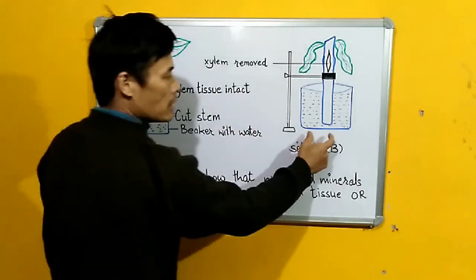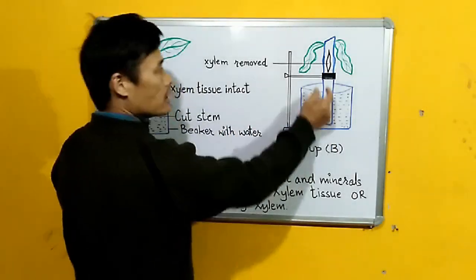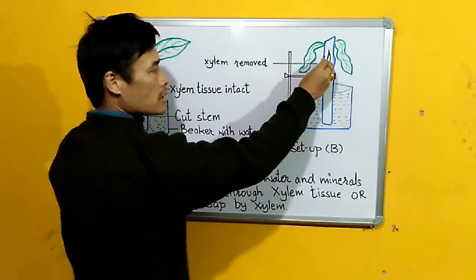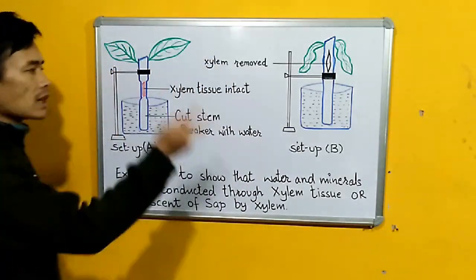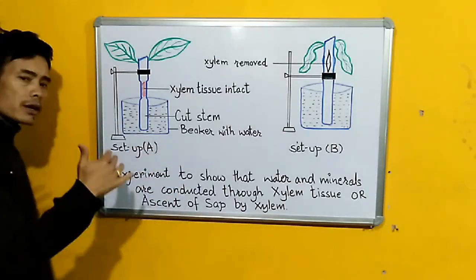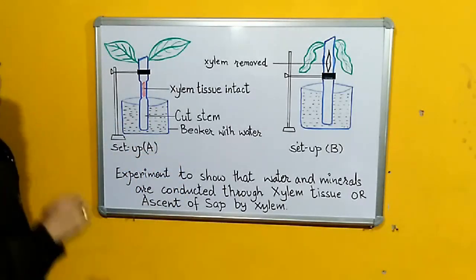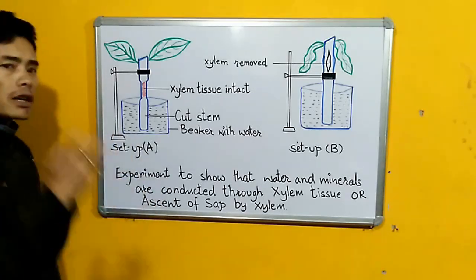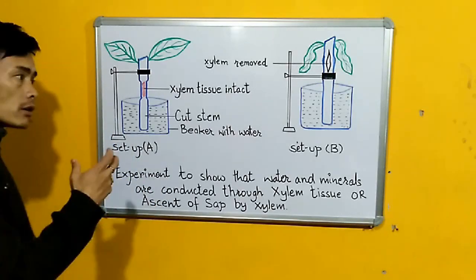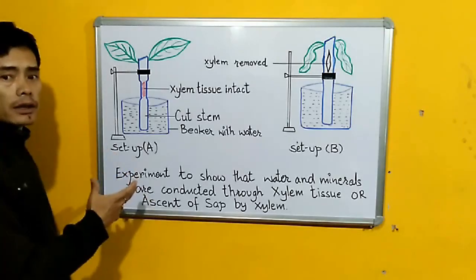And in setup B, you see the stem from which xylem has been removed. Now these two setups are kept for a considerable period of time and then we conclude whether xylem is the conducting tissue for water and minerals or not.